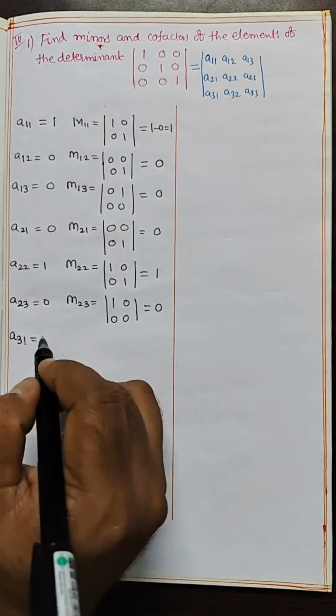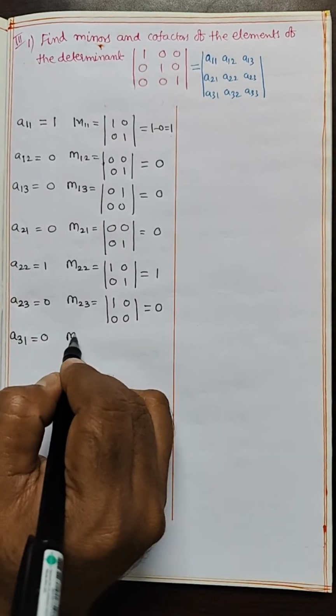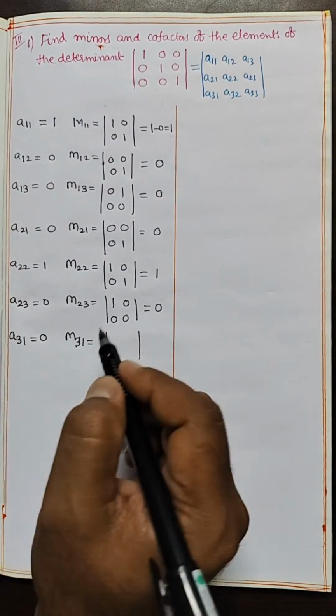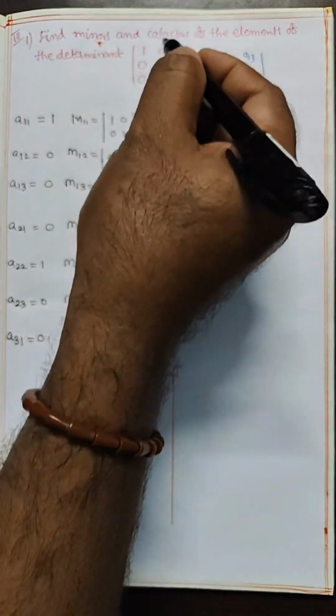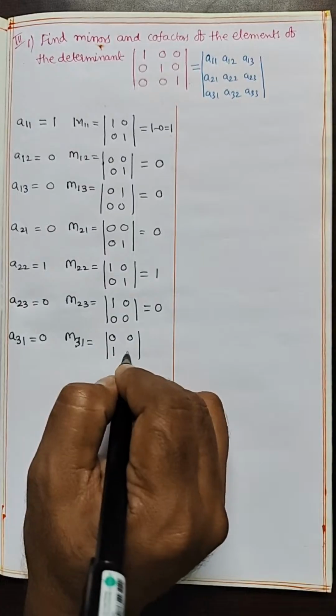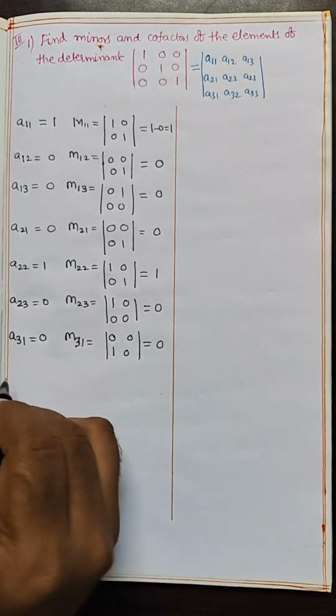Next, A31, third row, first column, that is 0. So M31 is eliminating the third row, first column: 0 0 1 0, so this is also 0.